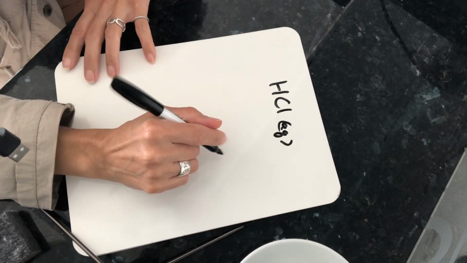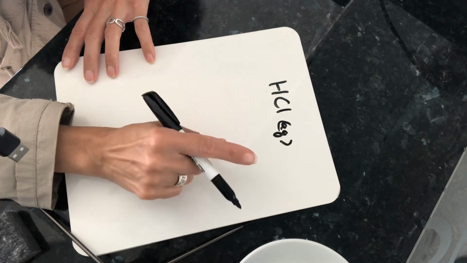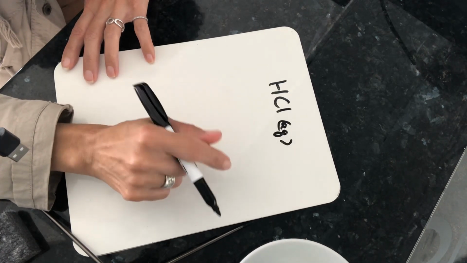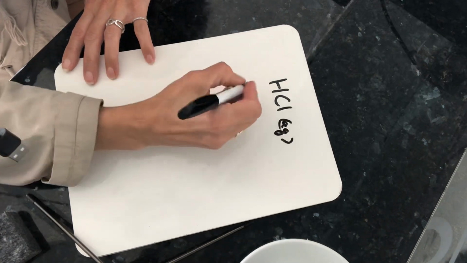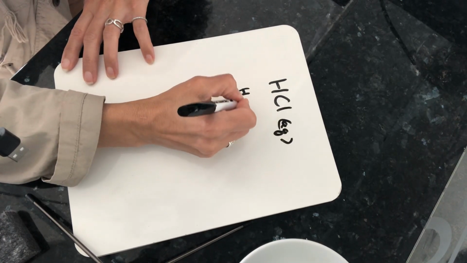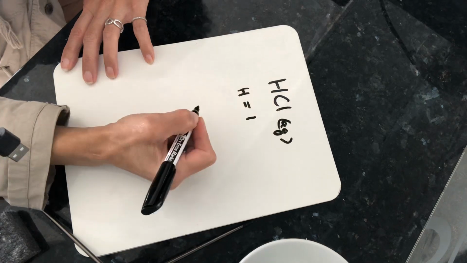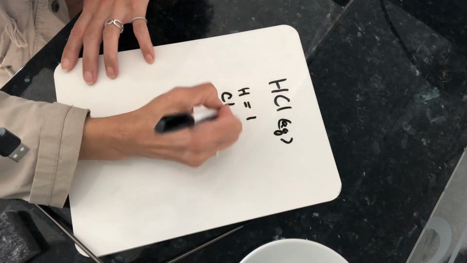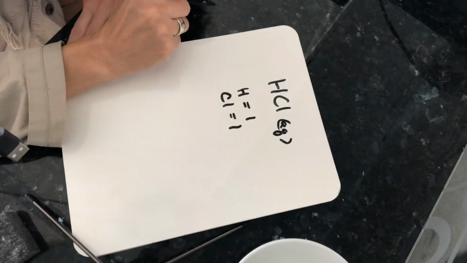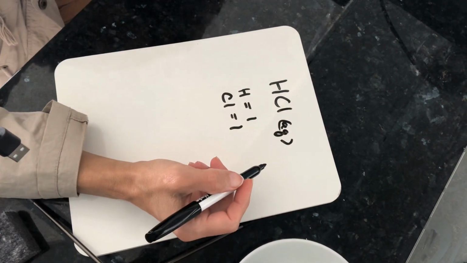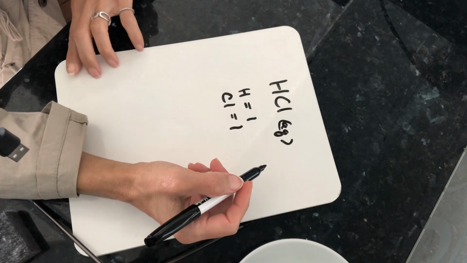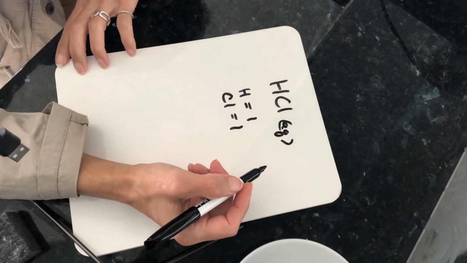So if you look at your list, step 1 says identify the type and number of atoms in the compound. In this compound, you have hydrogen, and you have one of them, and you have chlorine, and you have one of those. And you're going to need the valence electrons for the second step.